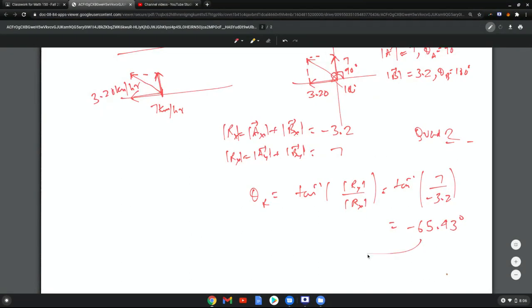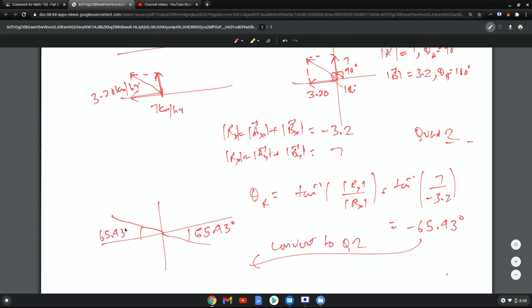Now, this doesn't make sense because it has to be in quadrant 2, so you have to convert this to quadrant 2. This is using the reference angle from the trig that we did. Negative 65.43 means this is 65.43. To make it into a quadrant 2 angle, we extend it, and this is 65.43.